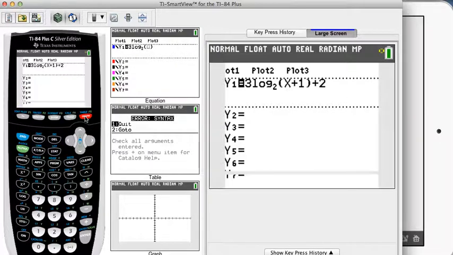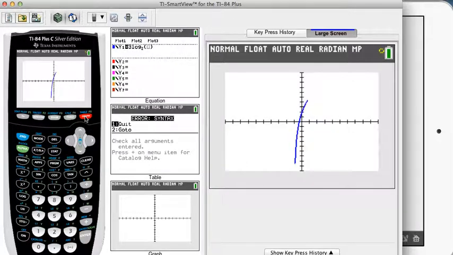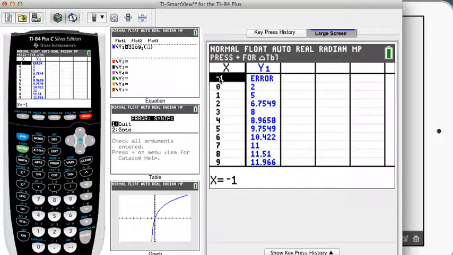Now graph it. As you can see, it's just like the other ones, starting from down going up, and because it's a positive a, x equals negative 1 is going to be my asymptote. To double check, you can go to the table, and you will see that the first error is going to be at negative 1. There you go. So x equals negative 1 is my vertical asymptote.